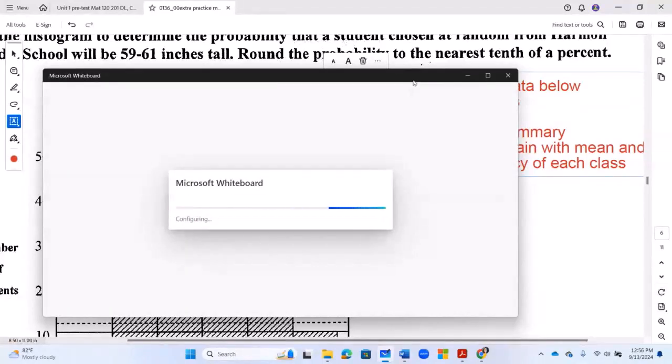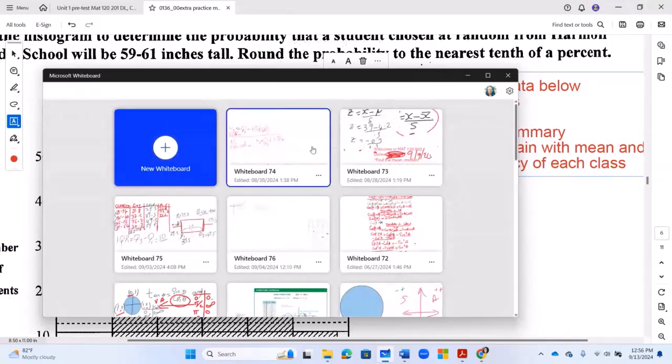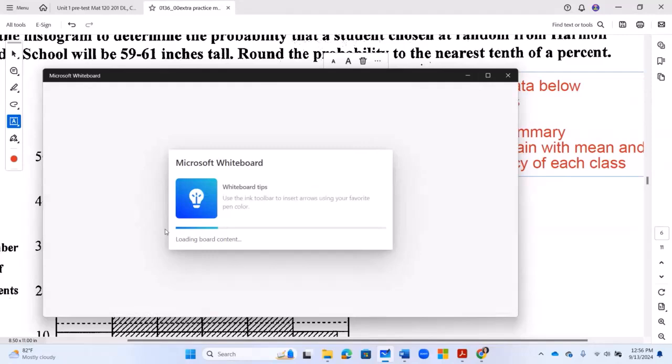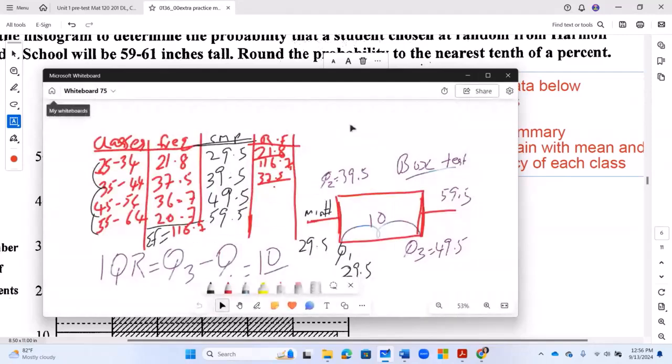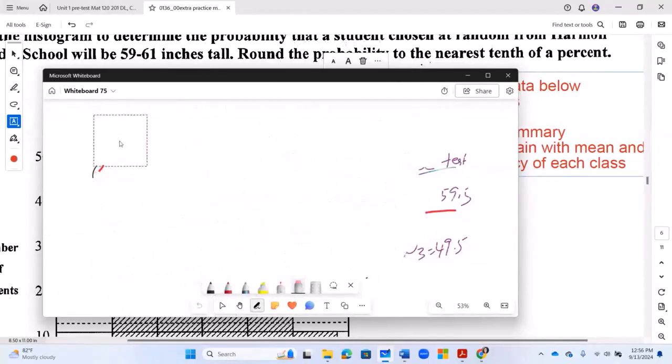Read the graph and interpret the graph to find the group that I need. So I'm actually going to use this one, clean this slide and reuse it.